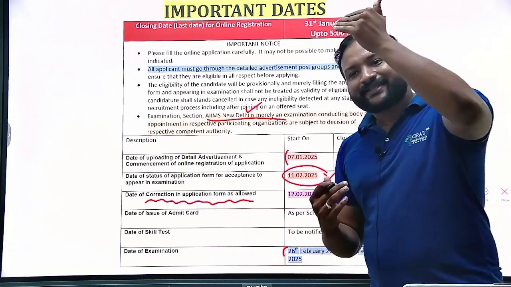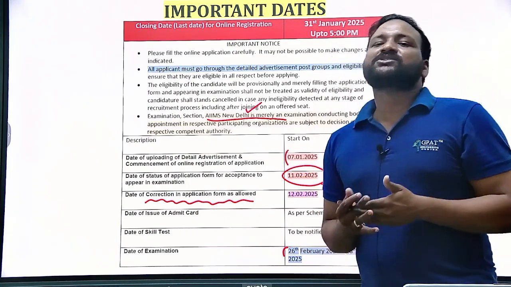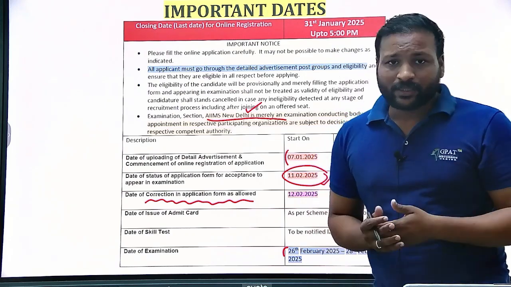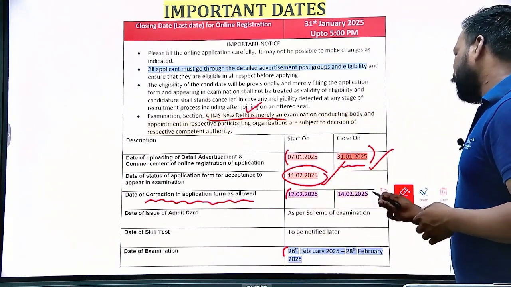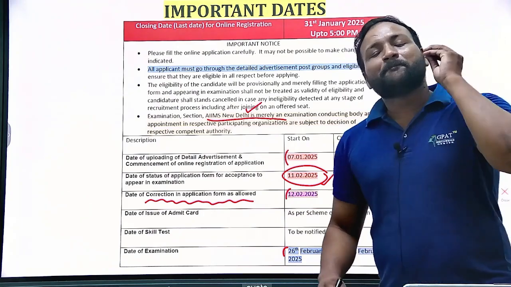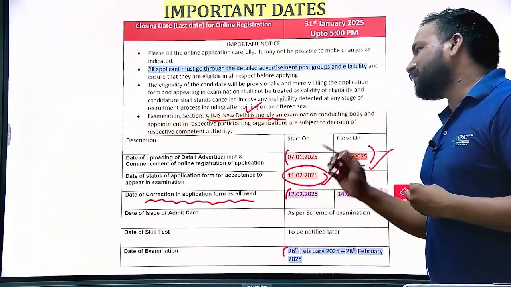After looking at your application thoroughly, if you have found any mistakes accidentally, then you need to wait. Between the 12th February to 14th February, you need to make the changes for whatever mistakes you have made. Clear? So those are the dates.